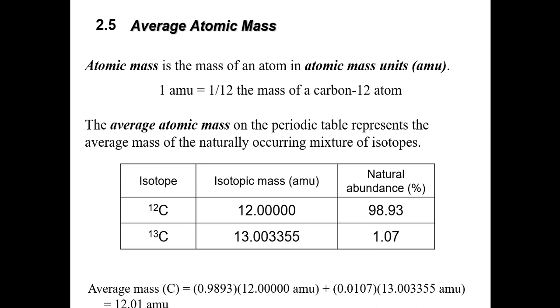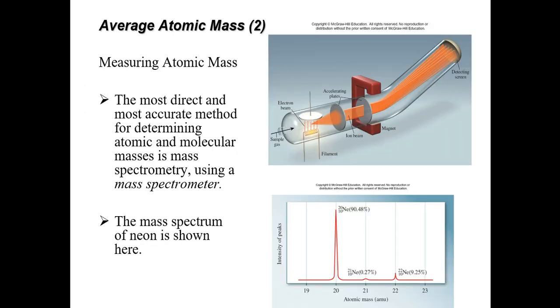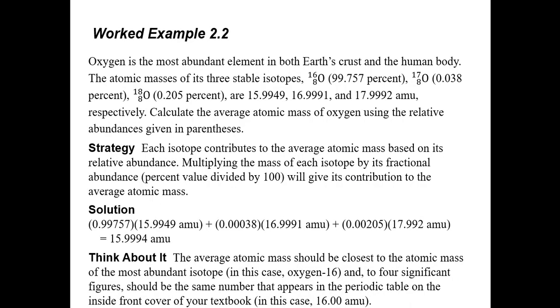It mostly goes towards 12 because you have the majority of C12. You take the mass of the isotope multiplied by its natural abundance, plus the mass of the second isotope multiplied by its natural abundance. See, 12.01, that's what is listed in the periodic table. So the atomic mass is measured by the mass spectrometer.